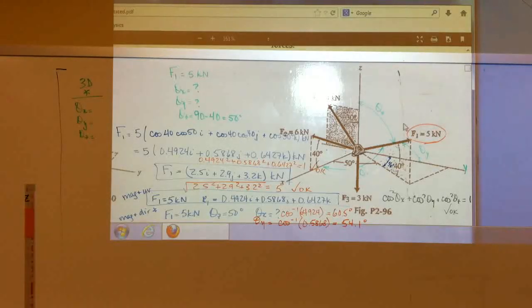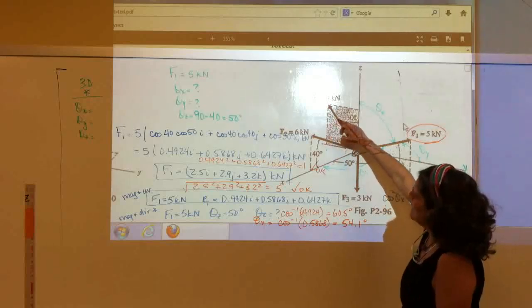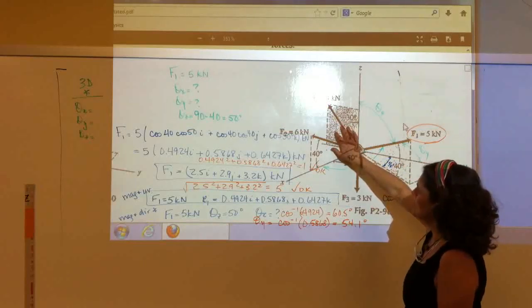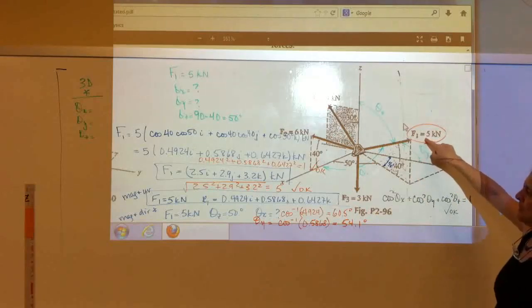So in this case, it's only for F2 and F3 that we can determine all the direction angles from the picture. But for F1, we can't determine theta.